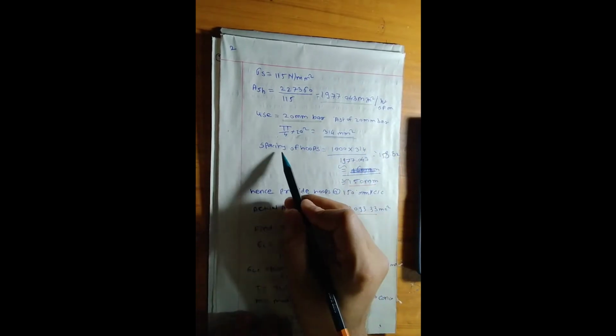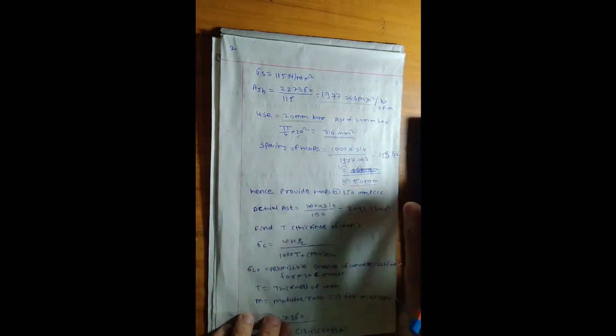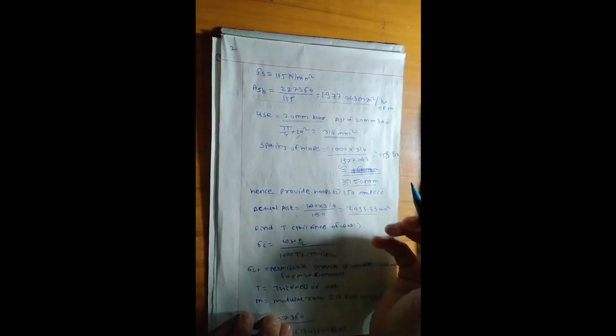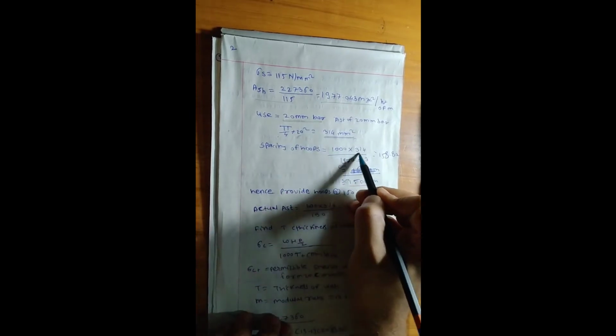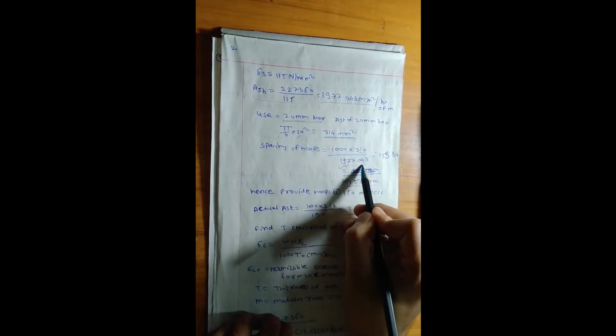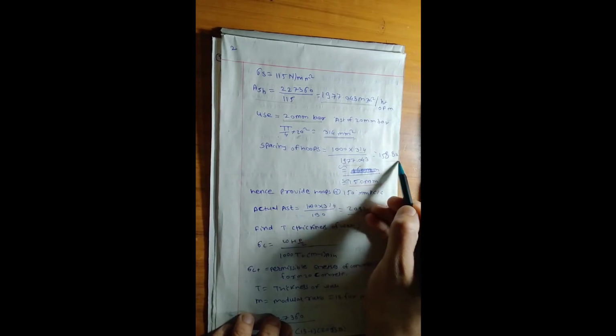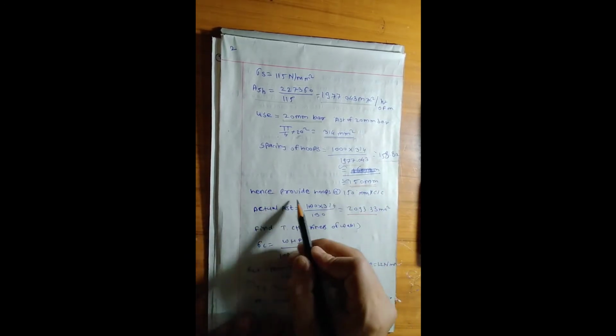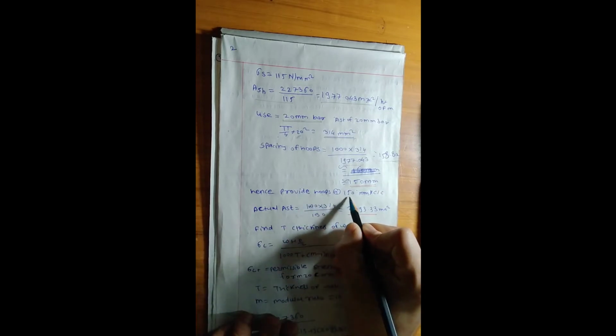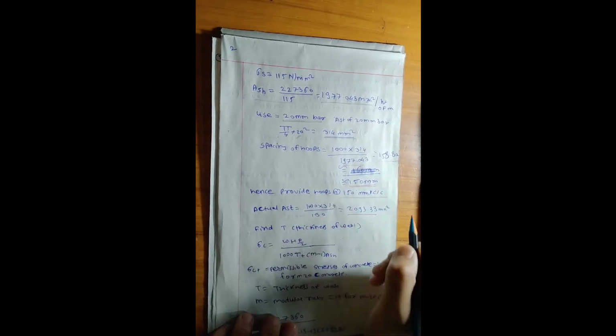Now the spacing of hoops, or spacing of the steel, is equal to 1000 into area of one bar divided by area of steel, which is 158.82. So let us assume 150 mm spacing. Hence we have provided main steel of 20 mm bar at 150 mm center to center.